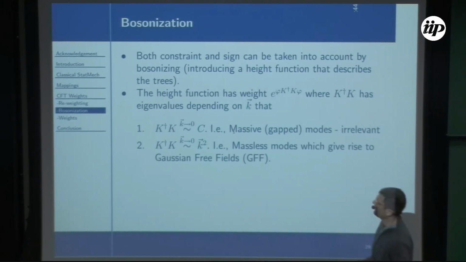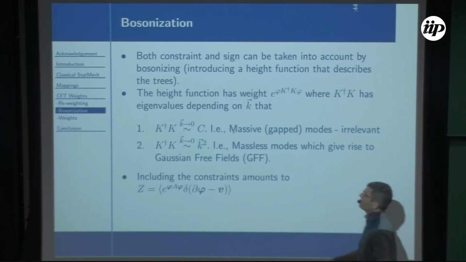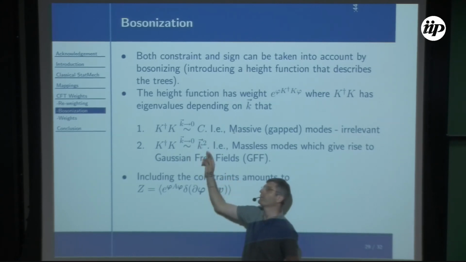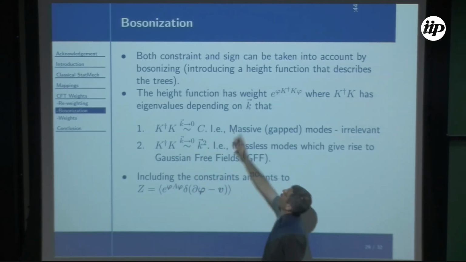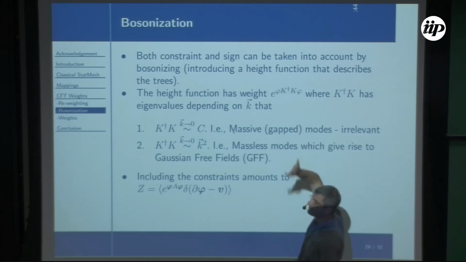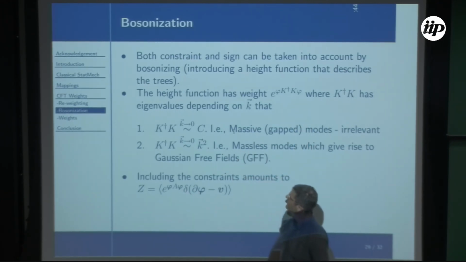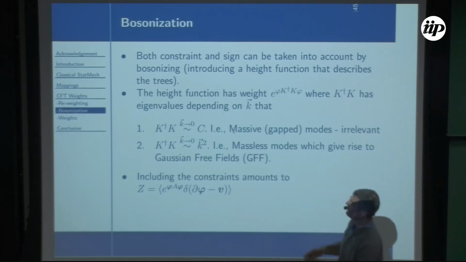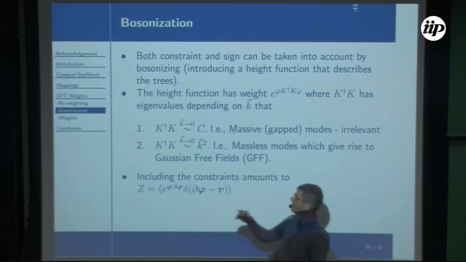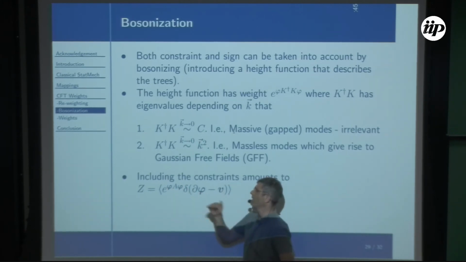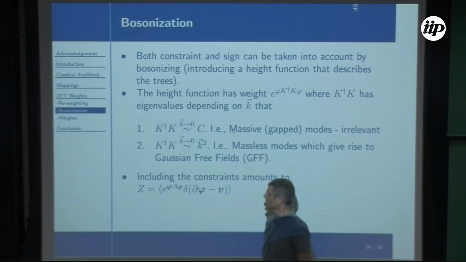So in the end, what we end up with is a system in which we only retain these propagating modes through this matrix A. So I truncate the matrix K dagger K into a smaller matrix A, which only includes the propagating modes. We have a height function for each one of these layers, 1, 2, 3, etc. So we have a vector height function phi, which depends on how many layers I have at a point.